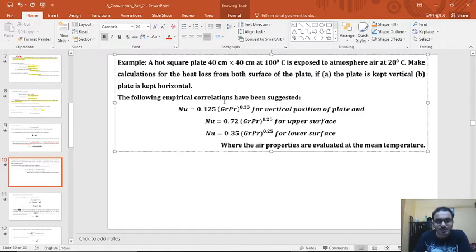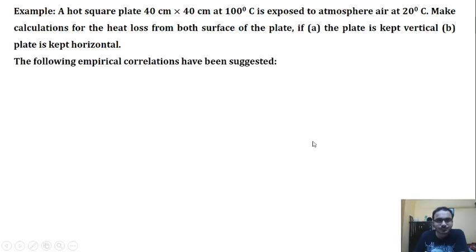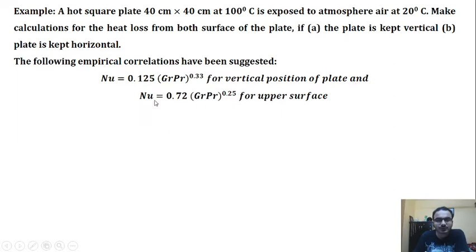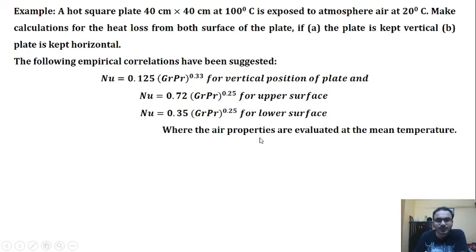The following correlations have been suggested: Nu is given by this formula for the vertical position of the plate, and for the horizontal position of the plate these two are there, one for the upper surface and one for the lower surface, where air properties are evaluated at mean temperature.